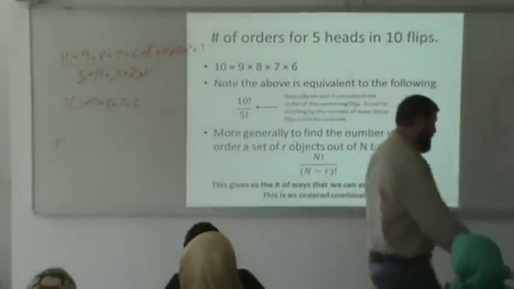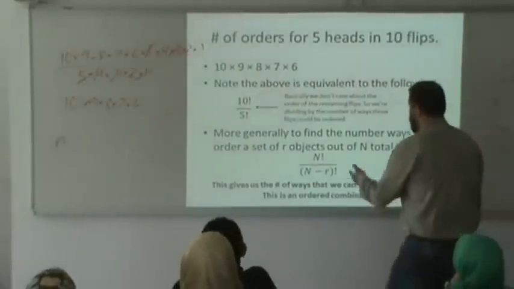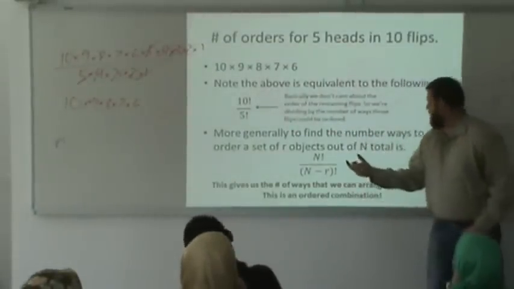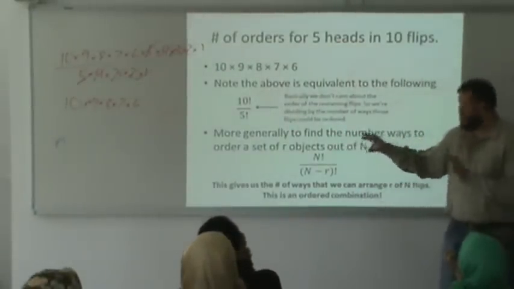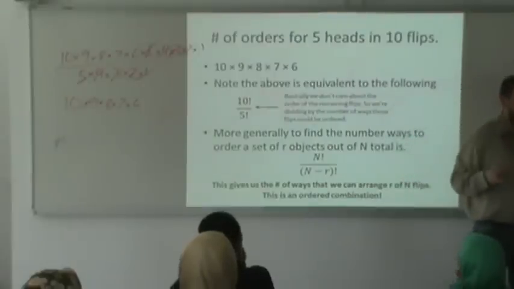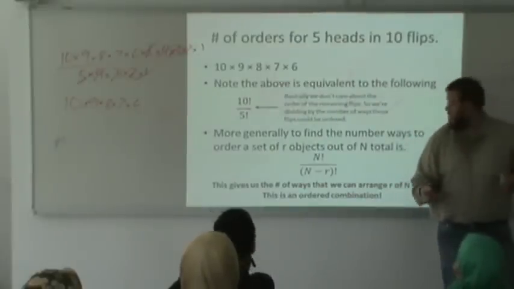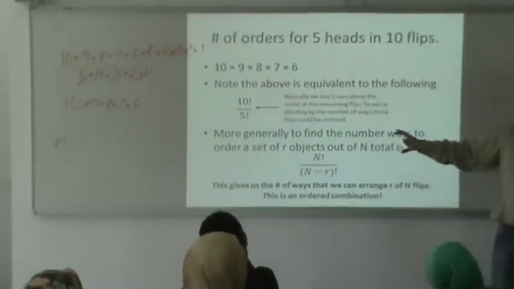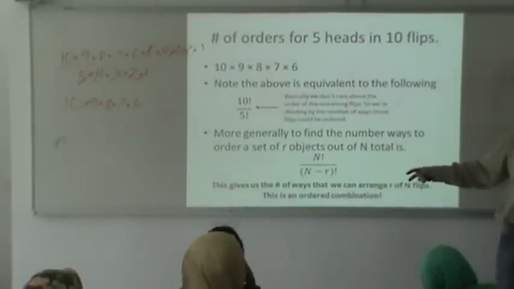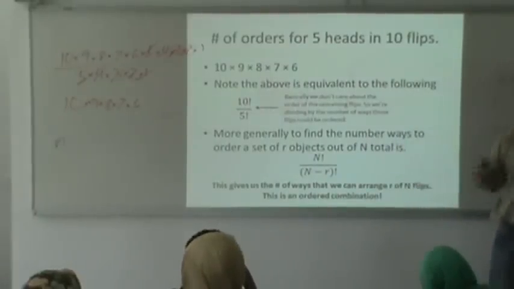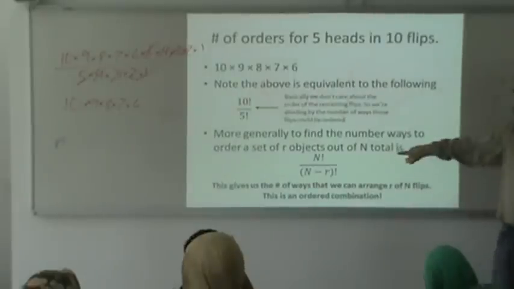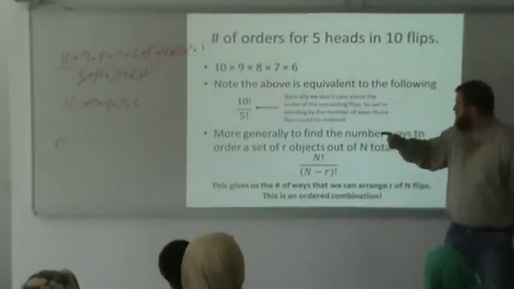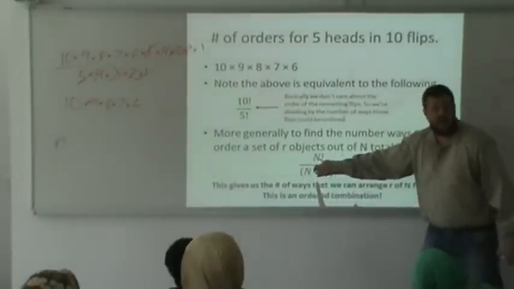So, if we want to talk about things more generally, if we have n different total observations, right? N different groups, n different students, and we're only interested in ordering part of those. We're only interested in ordering R. We use the following. So, for our example, n is 10.